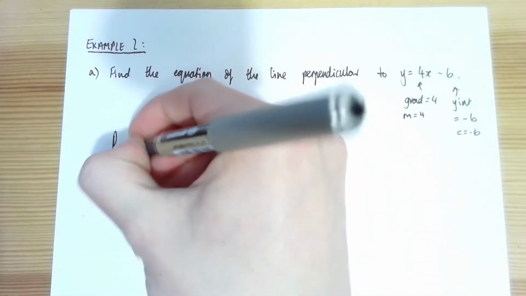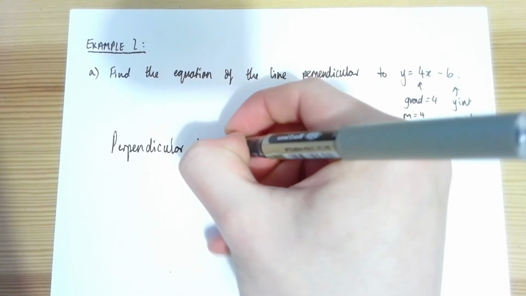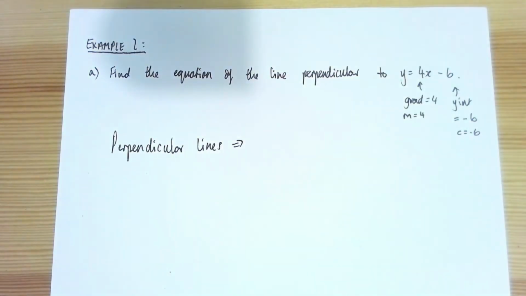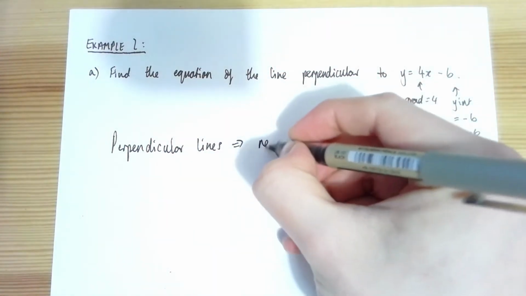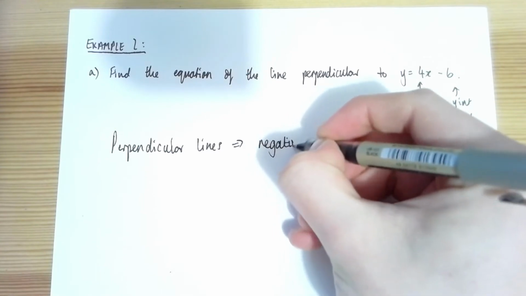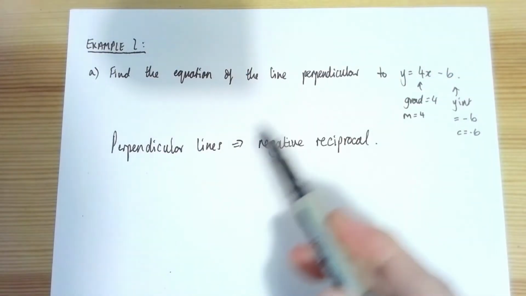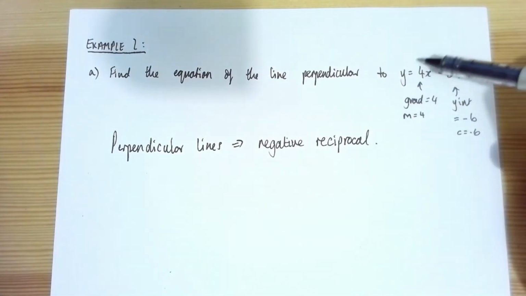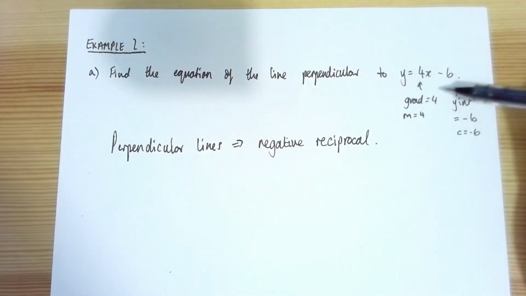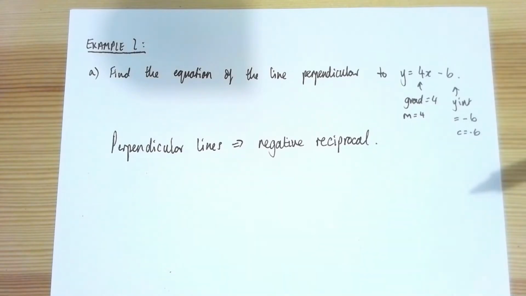Now, perpendicular lines, the gradient of a perpendicular line is the negative reciprocal. So what is the negative reciprocal? Well, let's have a look at it in terms of this example. We have a line here and we're asked to work out the equation of the perpendicular line to this line.